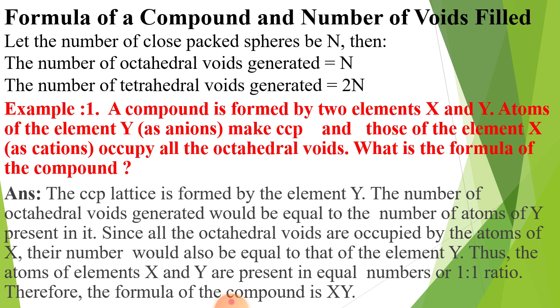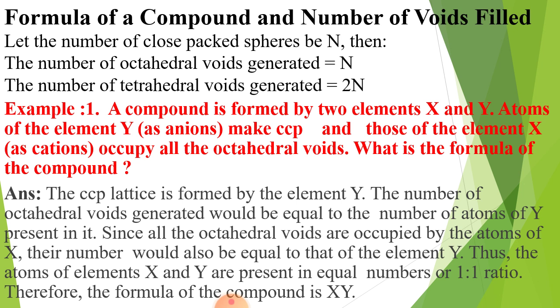A compound is formed by two elements X and Y. Atoms of element Y as ions make CCP, that means the spheres are made up of Y, and those of element X as cations occupy all the octahedral voids. So write the formula of the compound.